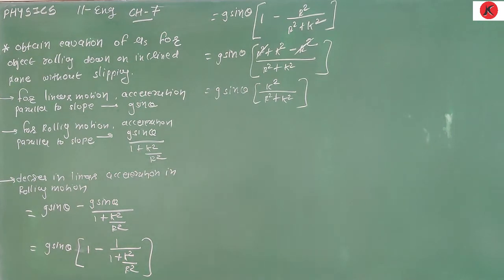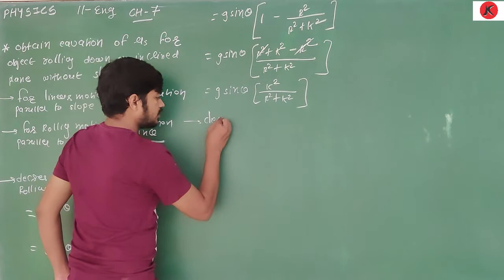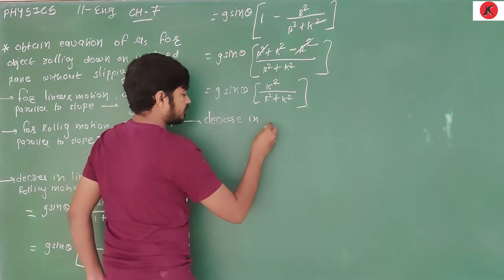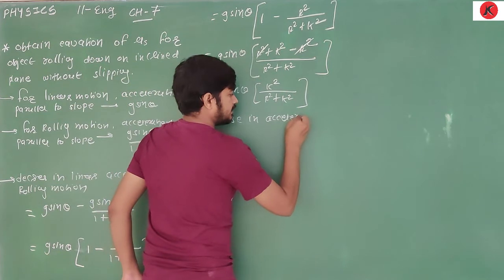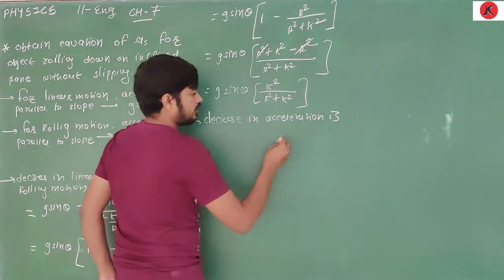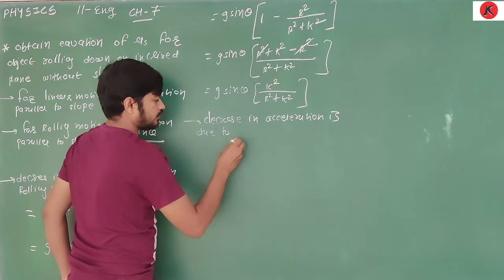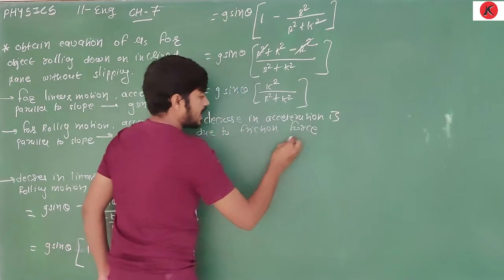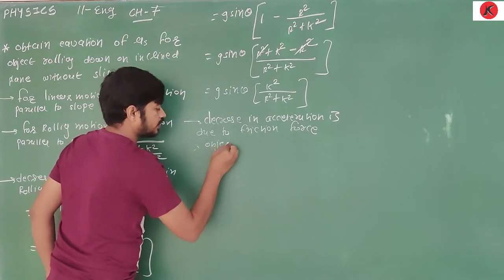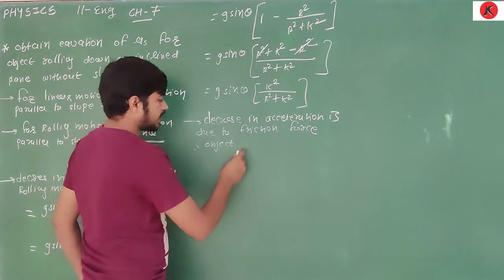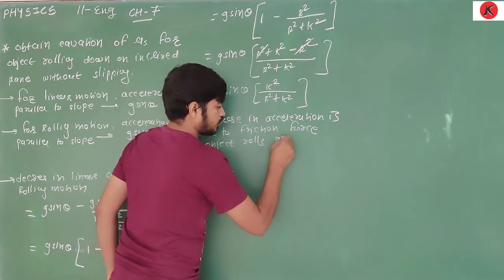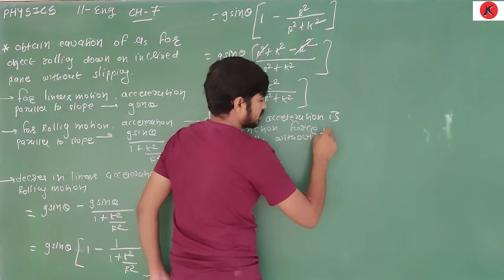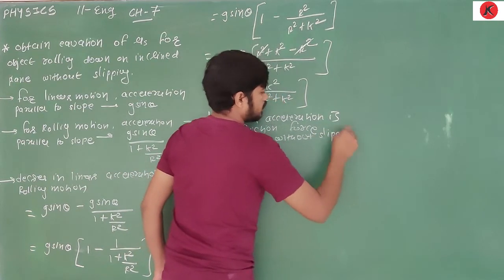Now we know that this decrease in acceleration is due to frictional force, and therefore the object rolls without slipping. Clear about this?